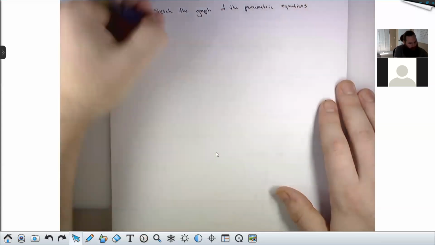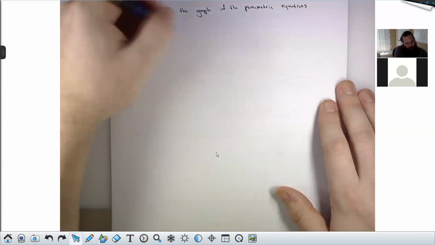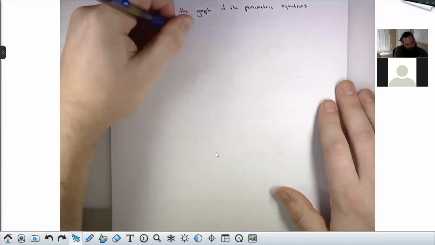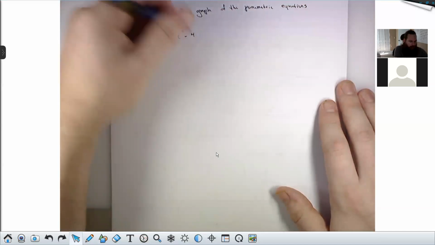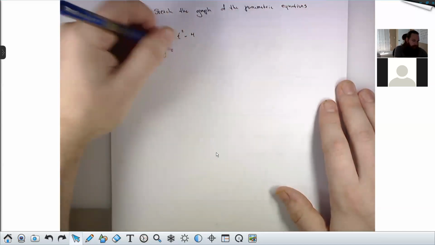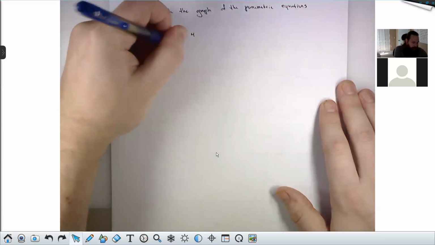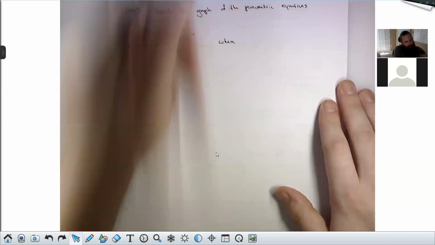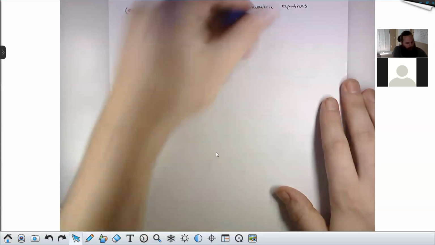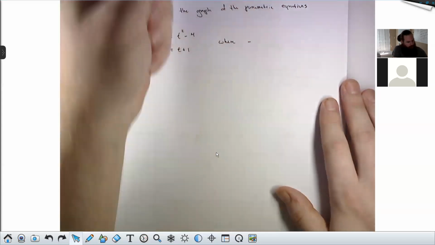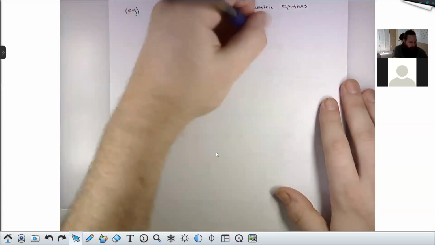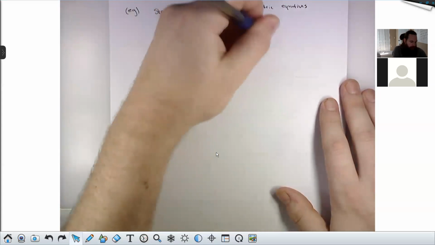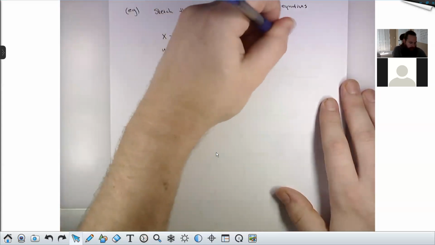How about x equals t squared minus 4 and y equals t plus 1, where let's say t runs from, how about -5 is less than or equal to t is less than or equal to 5.